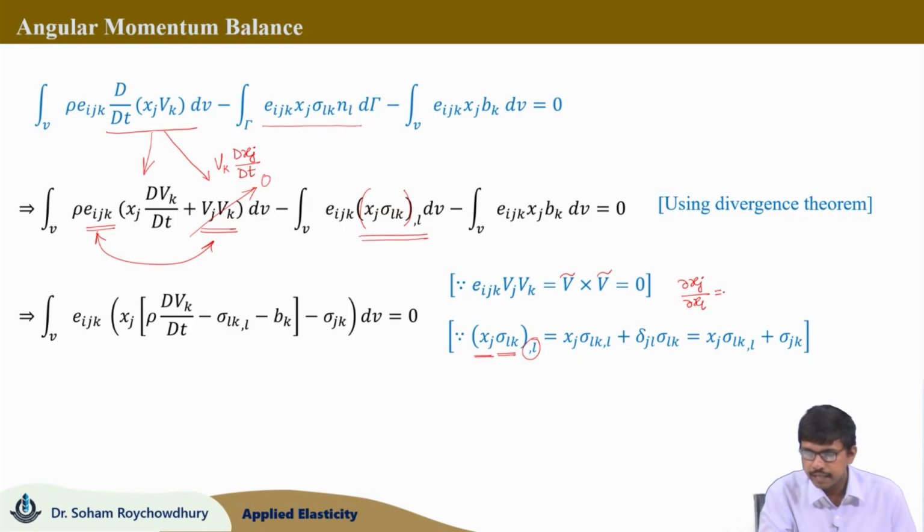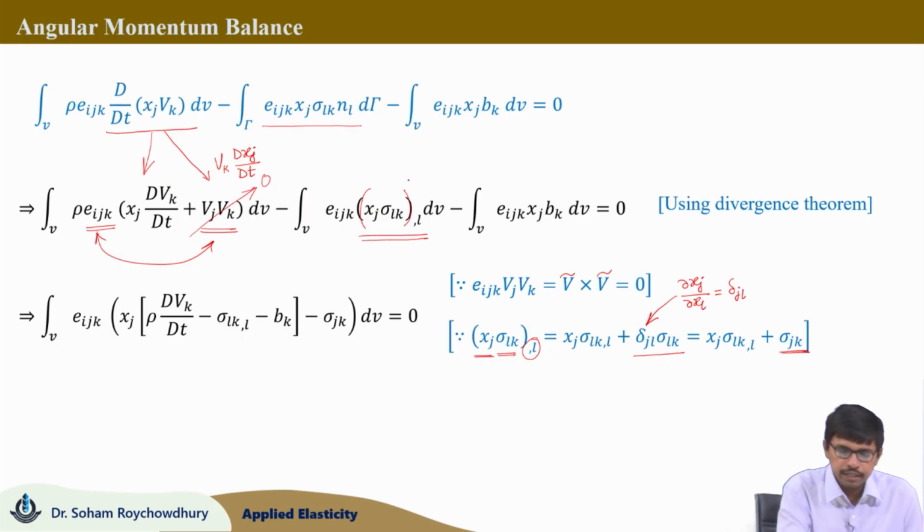Now, this term ∂x_j/∂x_l is nothing but δ_jl. So, this is the Kronecker delta. Using the property of the Kronecker delta, we can write δ_jl σ_lk as σ_jk.